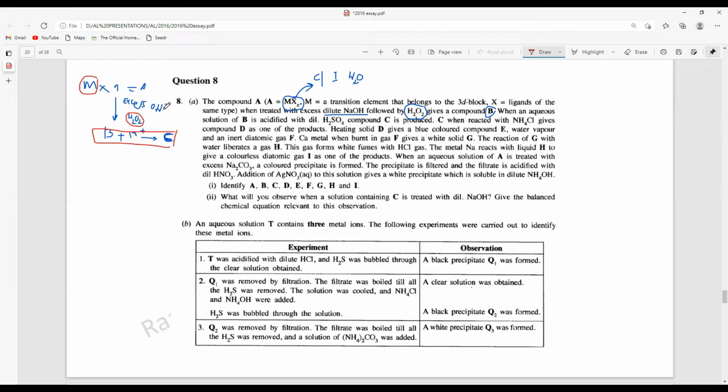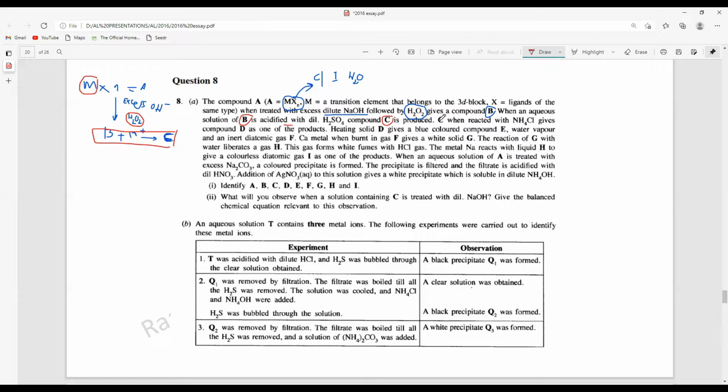What is the transition element here? Because when B is formed after H2O2 addition, when you acidify, it is converted into C, which could be some compound related to a certain transition element that is in equilibrium with the acidic and basic solution, right? So what can be the element? I'm not going to tell the element, so you can think about that.